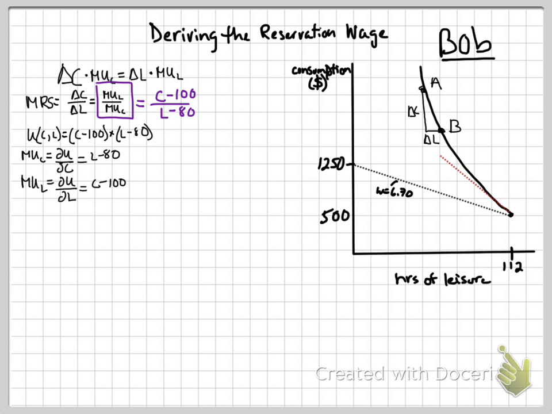His consumption level is equal to 500. His leisure is equal to 112. This simplifies to 400 divided by 32, which gives us a wage rate of $12.50 per hour.